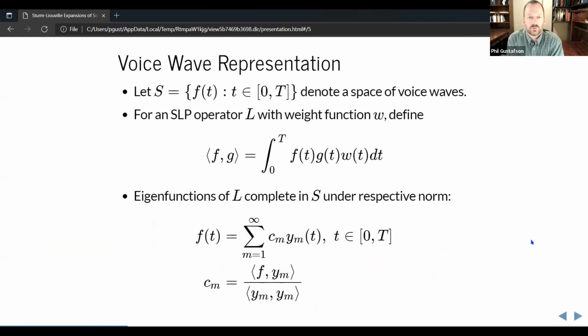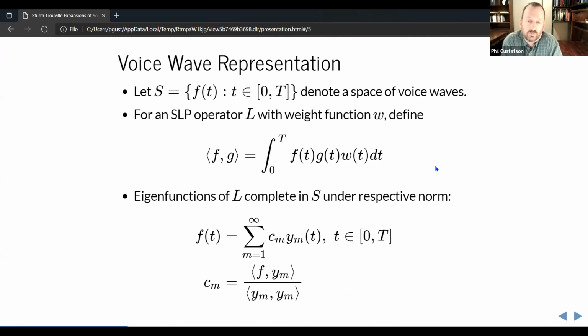Somewhat informally, I'll define my space S to be just common voice waves. You can think of these as L2 functions on a time interval. There will be an inner product and a metric associated with the space, derived from the weight function and the operator L. You can see here what that inner product would look like.